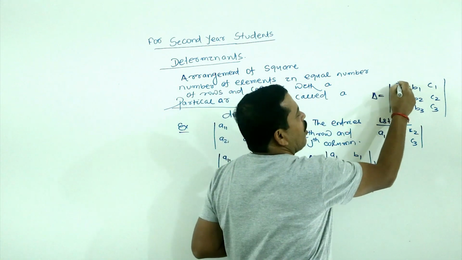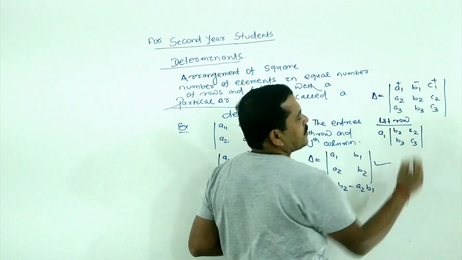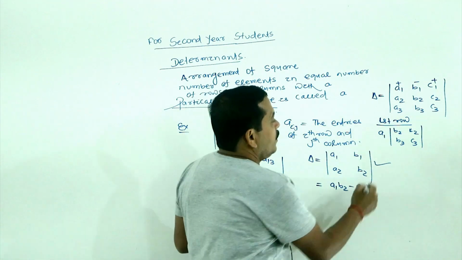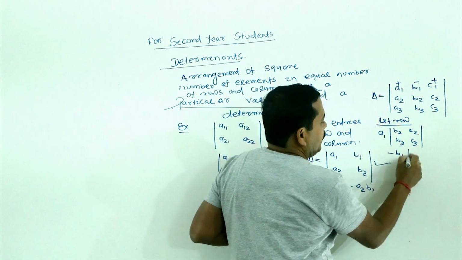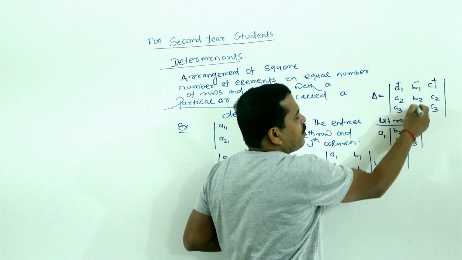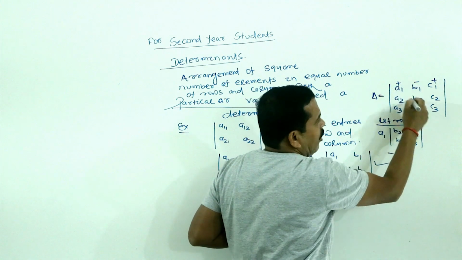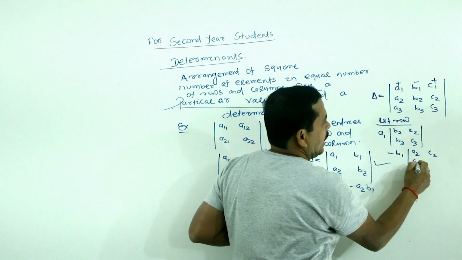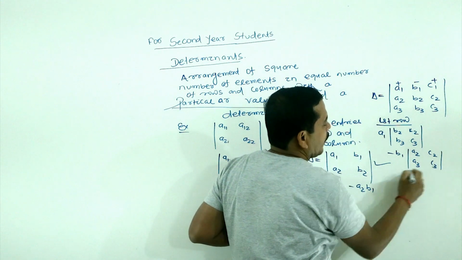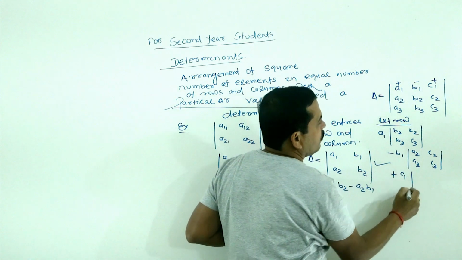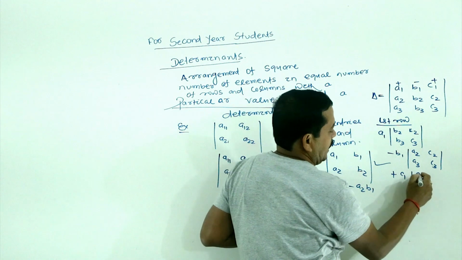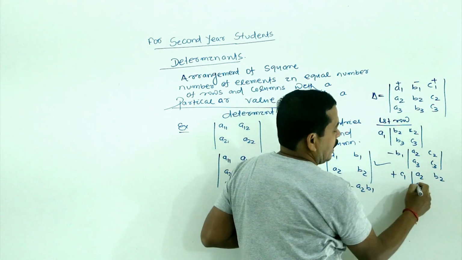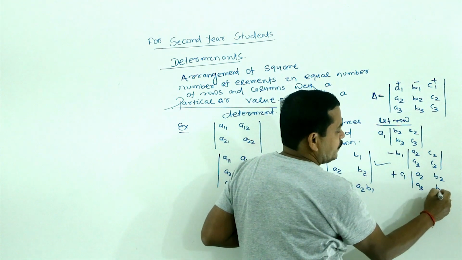Then the signs are plus, minus, plus. Minus B1, then we have to delete the first row and second column: A2, C2, A3, C3. Plus C1 into A2, B2, A3, B3.